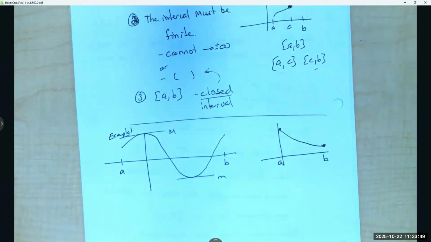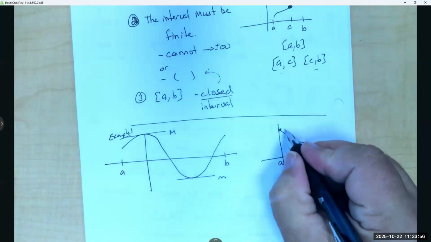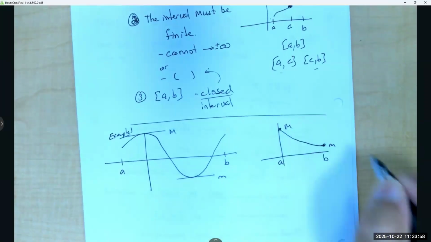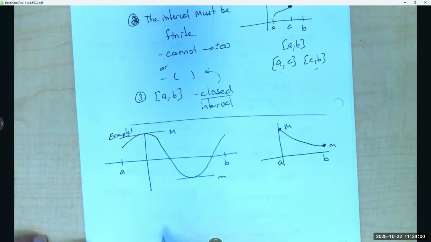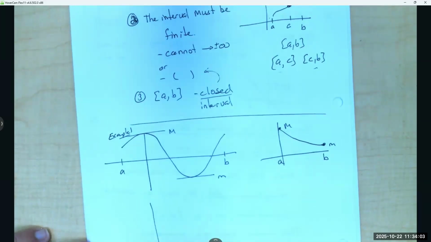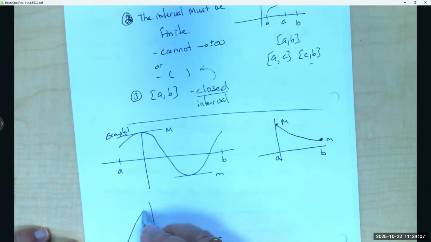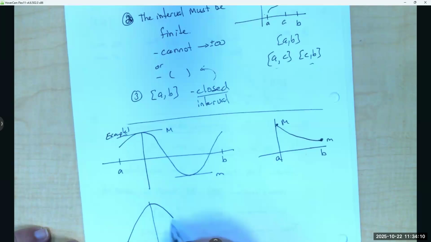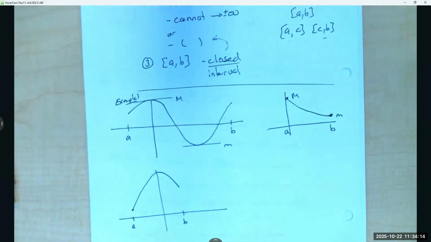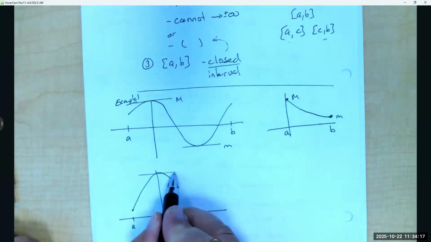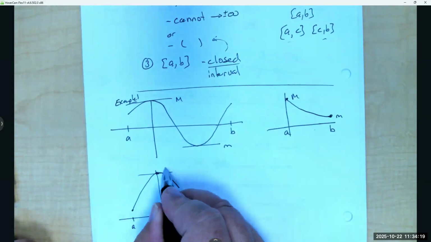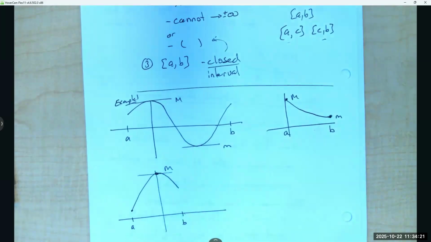Do we have a maximum or minimum there? Yeah, that's the maximum, that's the minimum. This is the highest, so we have a maxima here. Do we have a minimum?